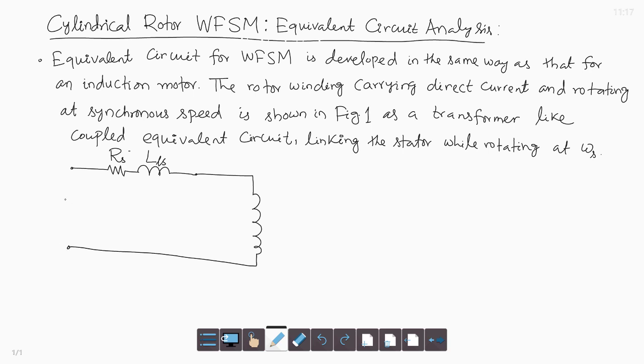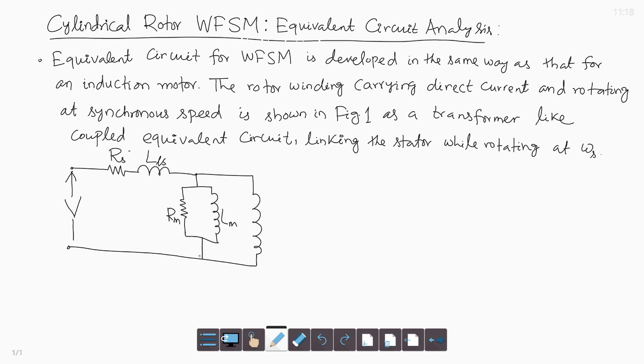This stator winding is applied a voltage V, and here we have the magnetizing branch inductance Lm and the core loss resistance Rm.